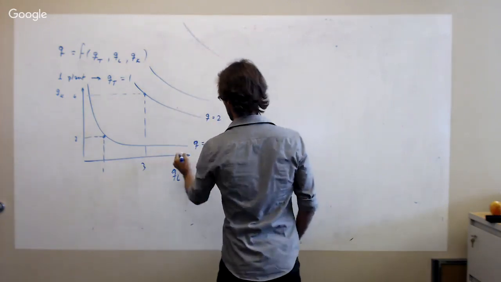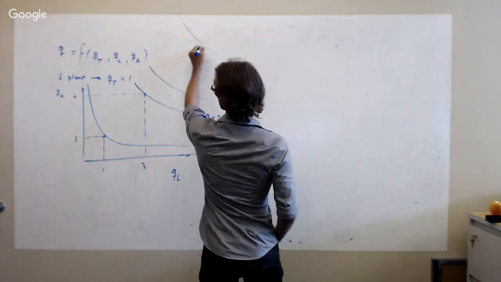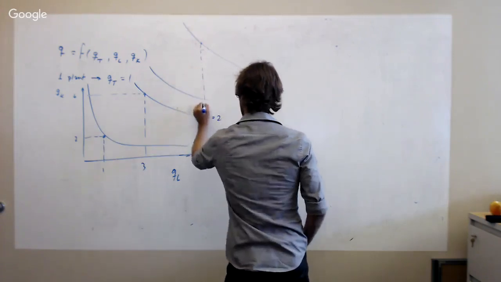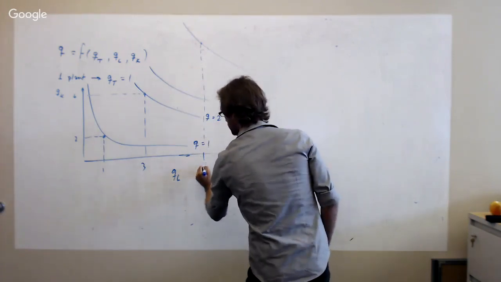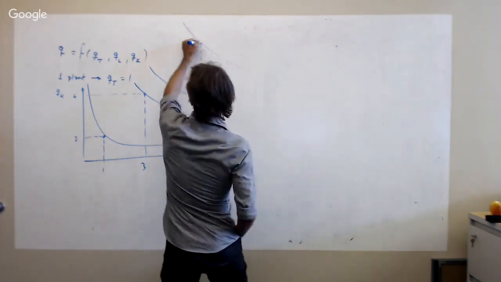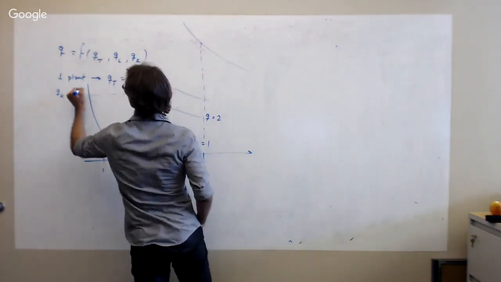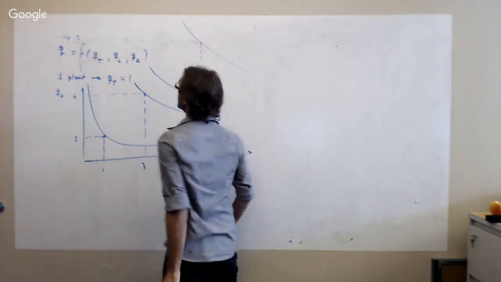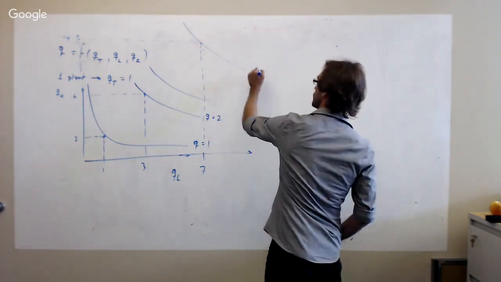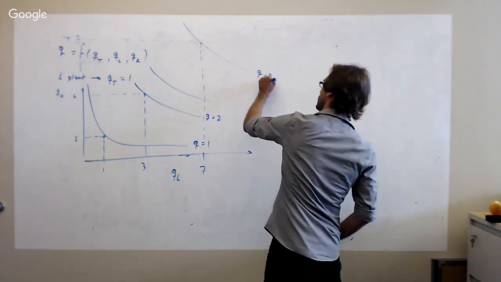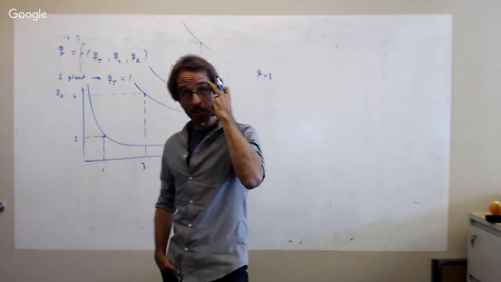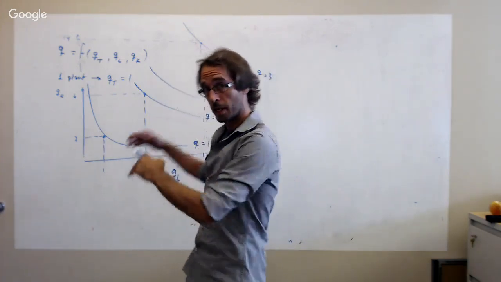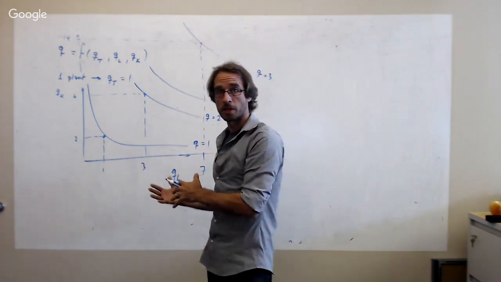So if you produce using 7 and up here 14, you get to produce 3 washing machines, right? So the idea is to show you how you can go from a production function like we have here to the cost structure of the firm.